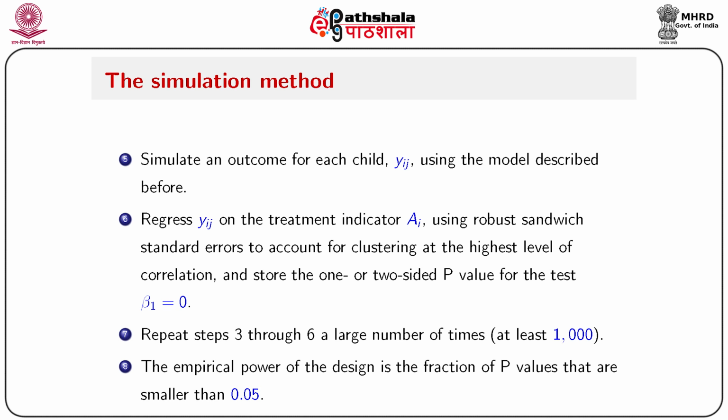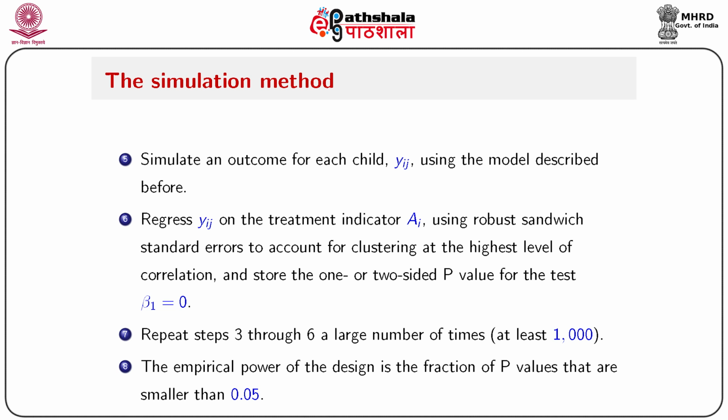Then regress Yij on the treatment indicator Ai using the robust sandwich standard error to correct for clustering at the highest level of correlation, and store the one or two sided p-value for the test beta 1 equals 0. Repeat steps 3 through 6 a large number of times, say at least 1000 times.